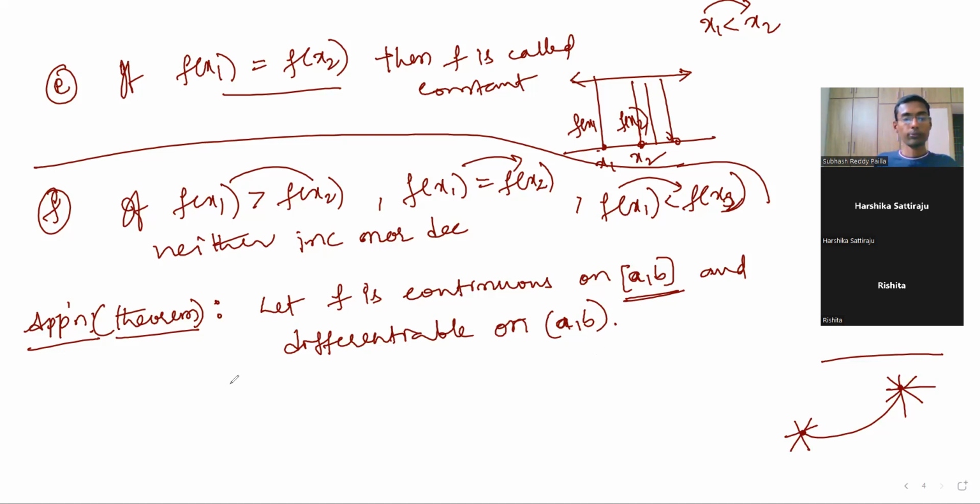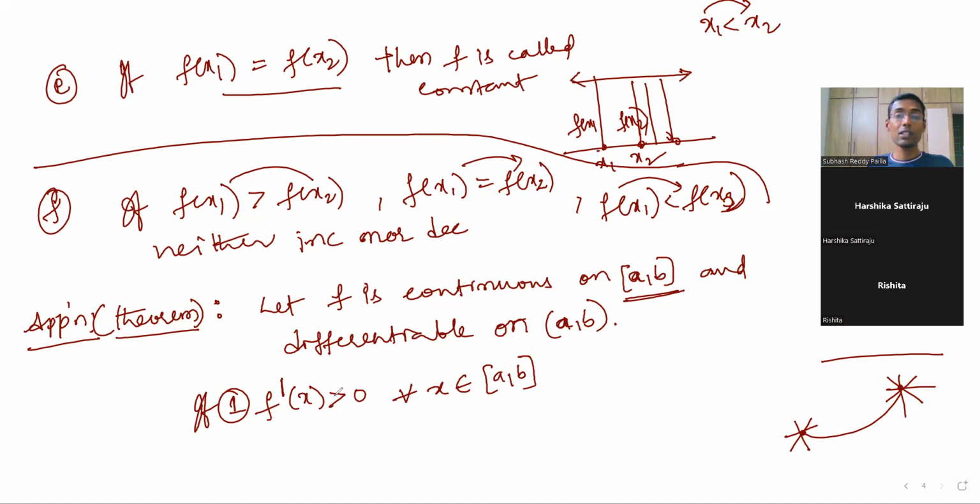Here also, number one: f dash of x is strictly greater than 0 for all x belonging to (a, b). Whatever you take, f dash of x is nothing but the slope of the tangent.